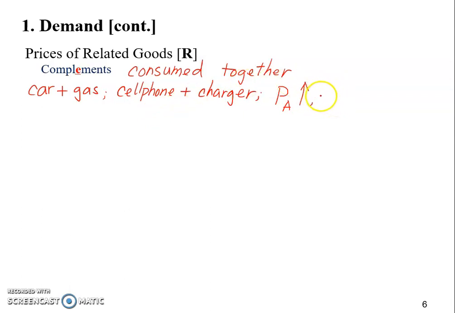So people are gonna buy less of both. Okay, so here we're saying that people would buy less of B. All right, so you could say that the demand for B is going down. Okay, and vice versa, if A becomes cheaper, the total cost of the bundle is lower, so people are gonna buy more of B. All right, so this is complements.